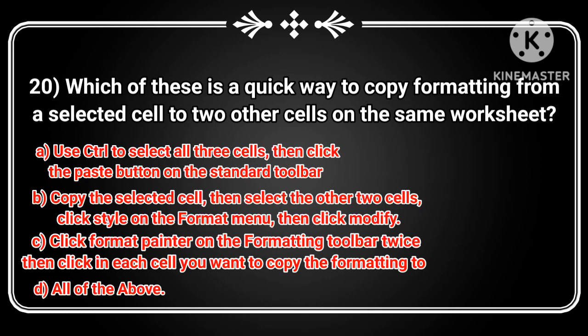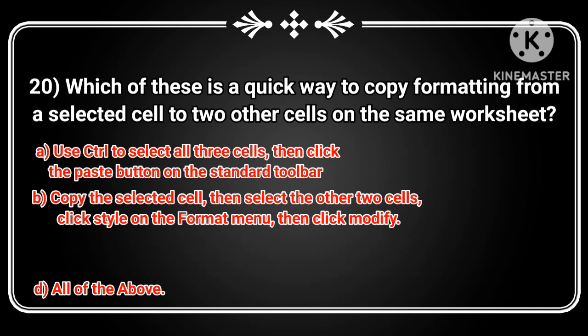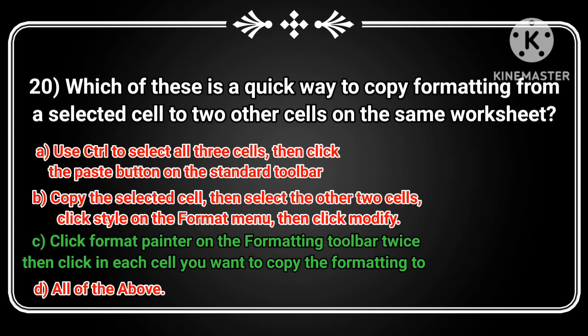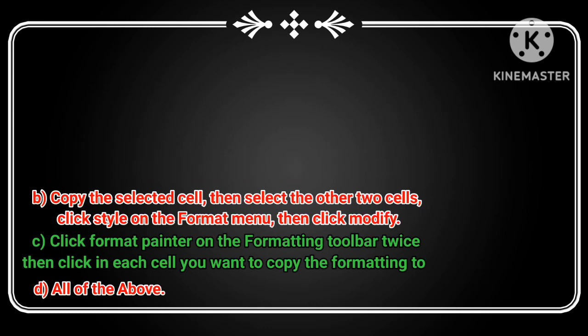Which of these is a quick way to copy formatting from a selected cell to two other cells on the same worksheet? Click Format Painter on the formatting toolbar twice, then click in each cell you want to copy the formatting to.